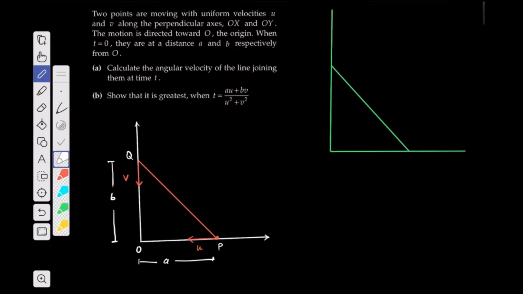Tell me if I'm wrong, this will be a minus ut, or not? Earlier it is a, and point P is going to move a distance ut towards the origin, and point Q is going to move a distance vt towards the origin. So this length is going to be b minus vt, no?